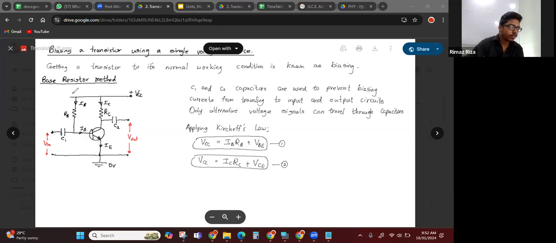So here the voltage is VCC. That voltage drops across this resistor and across this barrier voltage. So VCC is equal to IBRB plus VBE. And VCC again I can write as ICRC plus VCE. So you can write these two equations.